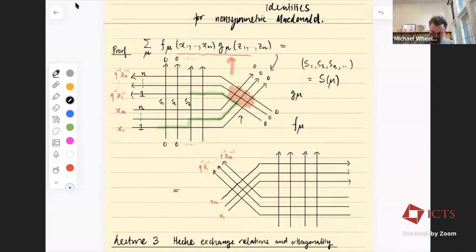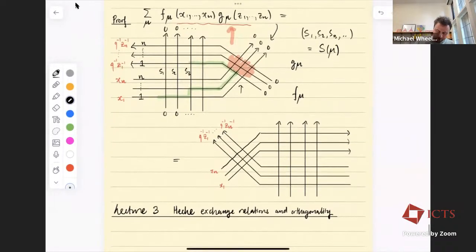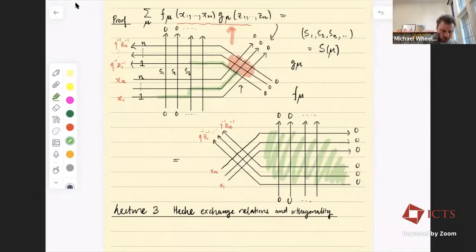All right, so then on the right-hand side, let's fill in our boundary conditions a little bit. Now, if you look at all of this lattice here, it's completely frozen, completely trivial. What happens is the following. In this top region, I have all zeros exiting from all of the edges.